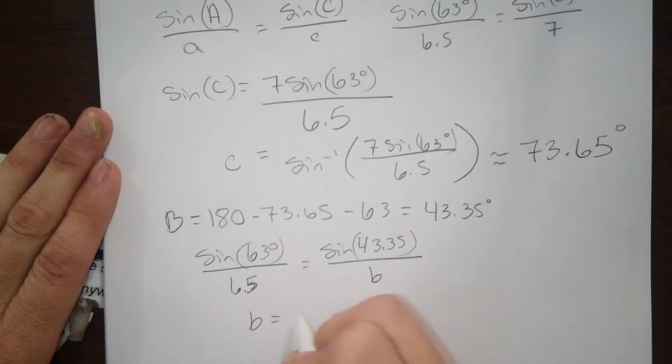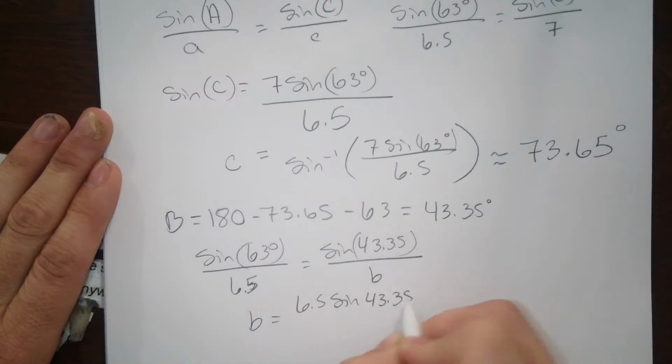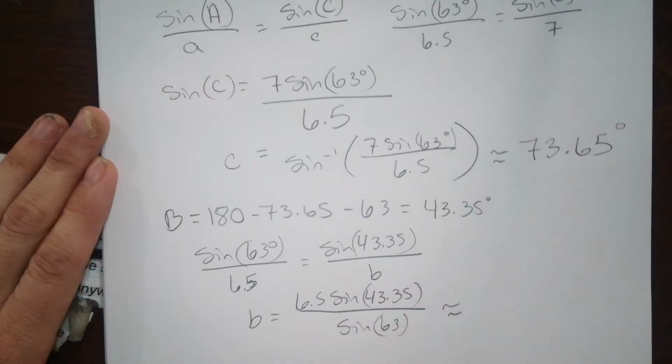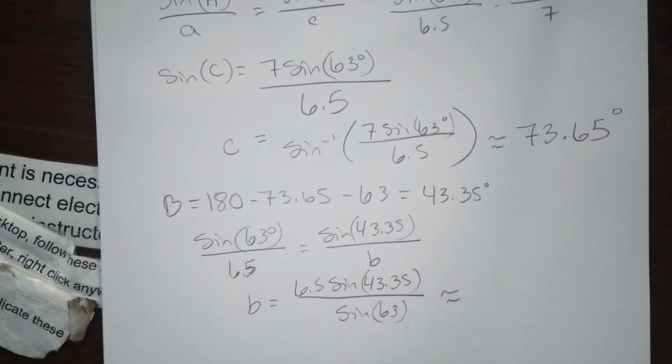I get B equals 6.5 times sine of 43.35 divided by sine of 63, which is approximately what is it? 5.0.